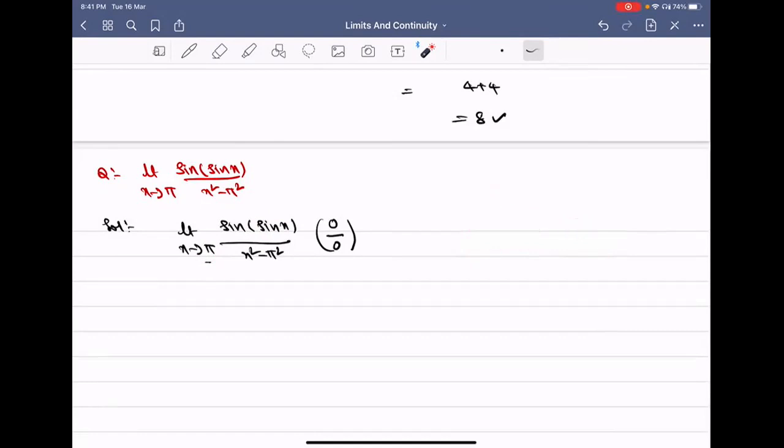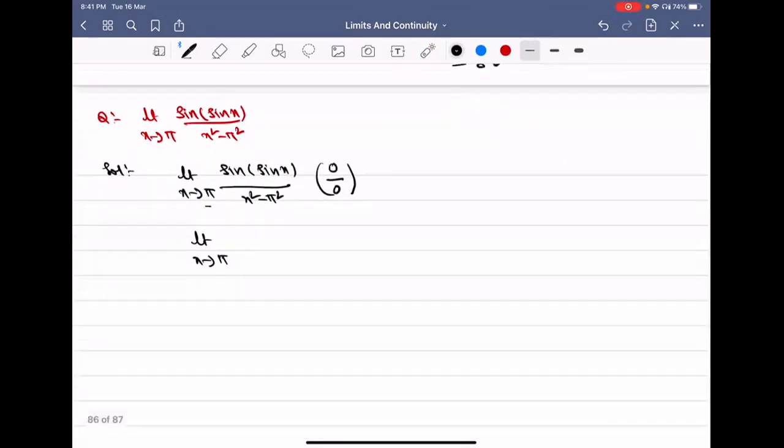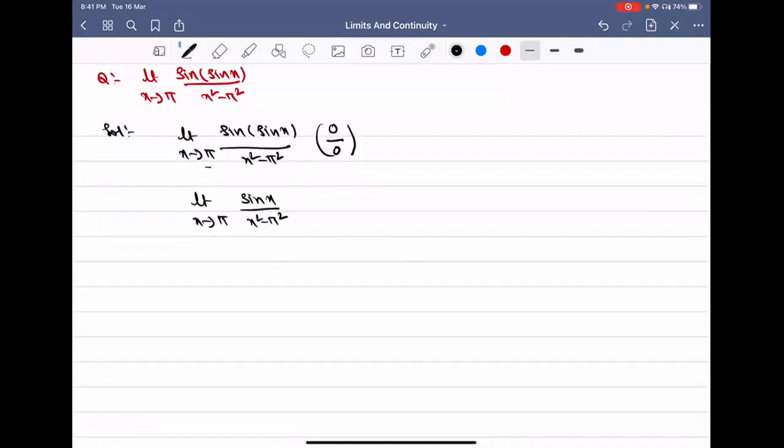Here I am using the infinitesimal concept: you can replace sine of sine x with sine x, because sine x tends to 0 when x tends to pi. That gives sine x over (x square minus pi square). Again, if you substitute x equal to pi, it is 0 by 0.